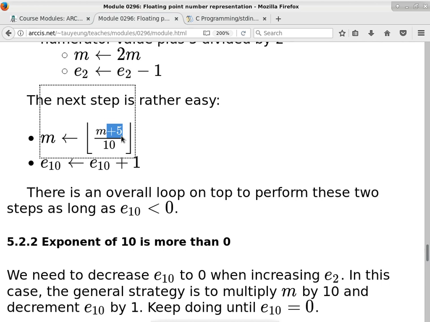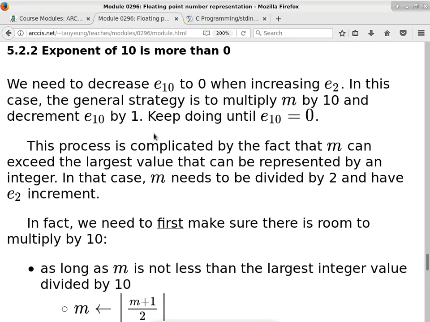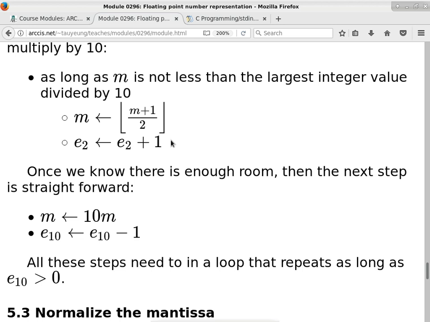Okay. What if exponent of 10, or exp10, is more than 0? What if it is greater than 0? Well, then we go the other way, right? We want to decrease E10 to 0 eventually. So to do that, this is a little bit reversed, because the first thing we do is to divide m by 2. Okay? We divide m by 2 first as many times as we can in order to leave enough space to multiply m by 10.